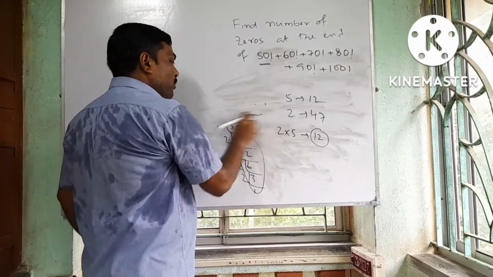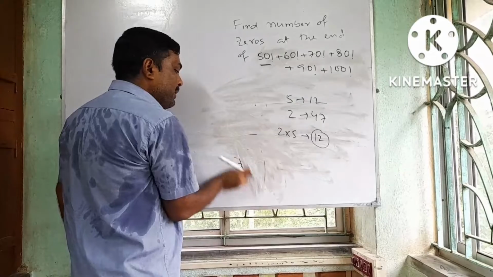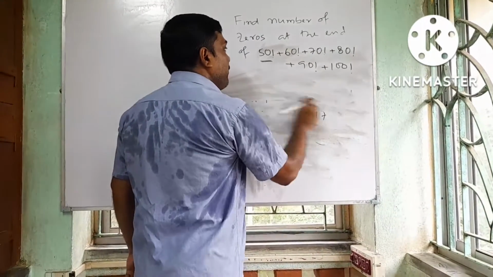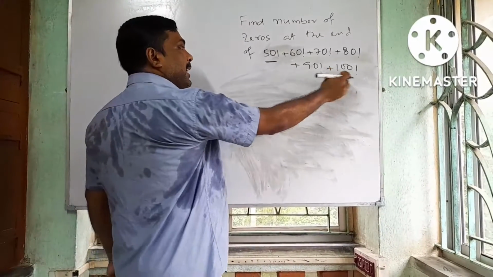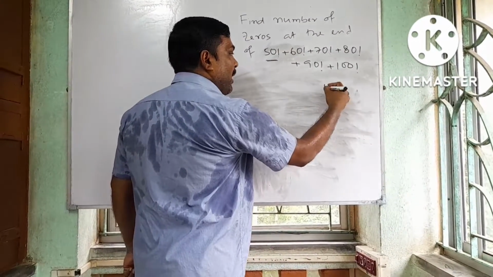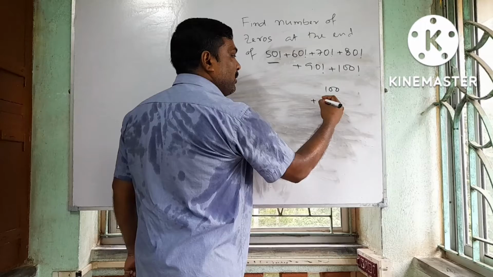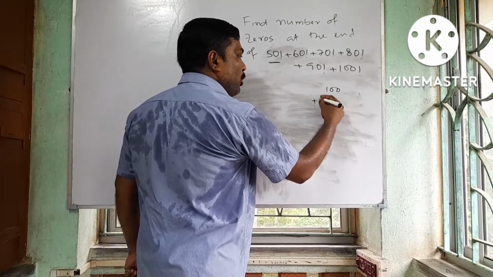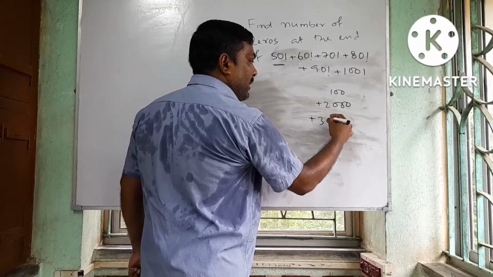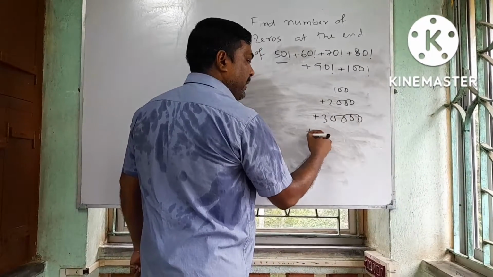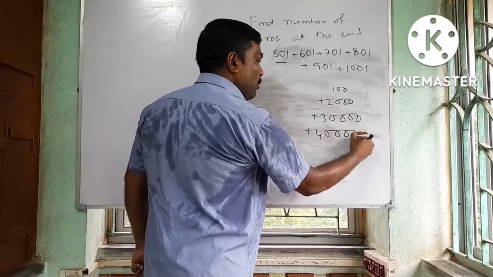Now the question is to find the number of zeros at the end of this sum, 50 factorial plus 60 factorial plus 70 factorial plus 80 factorial, 90 factorial, 100 factorial. Take a number 100, then suppose 2000, next 30,000, next 4 lakhs.